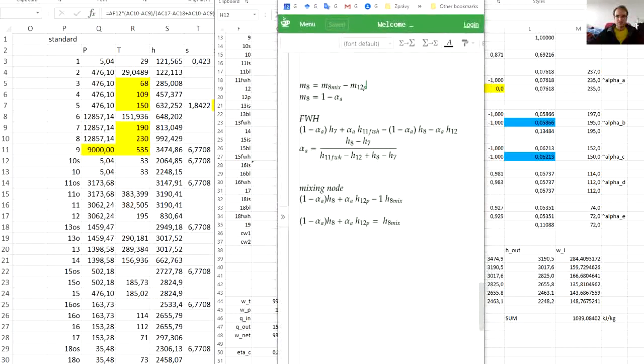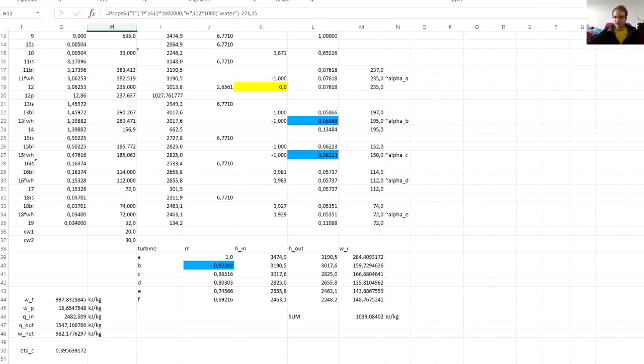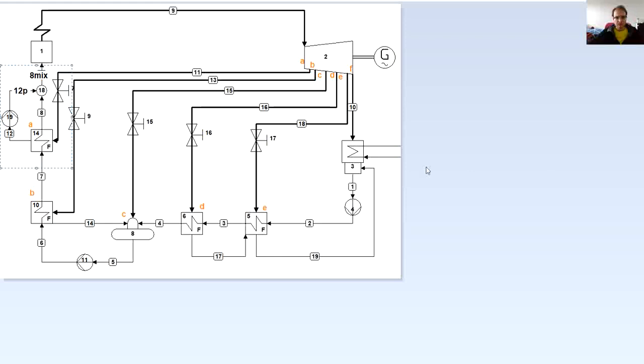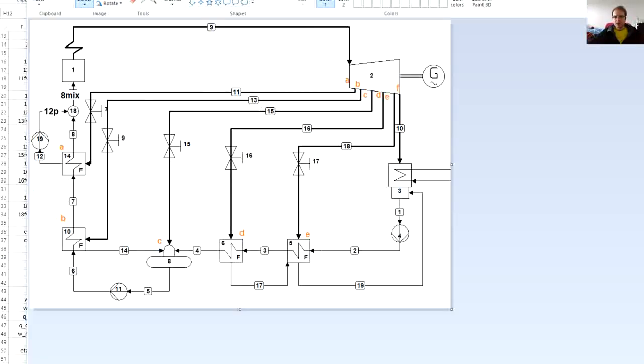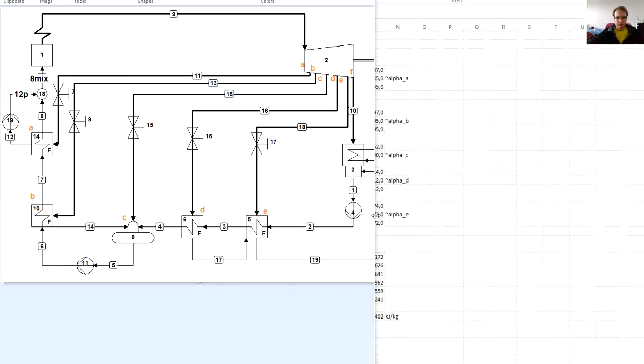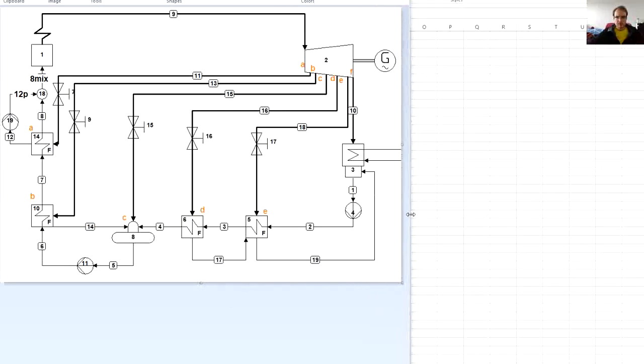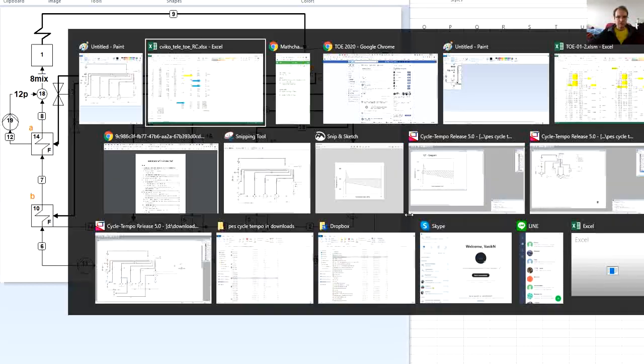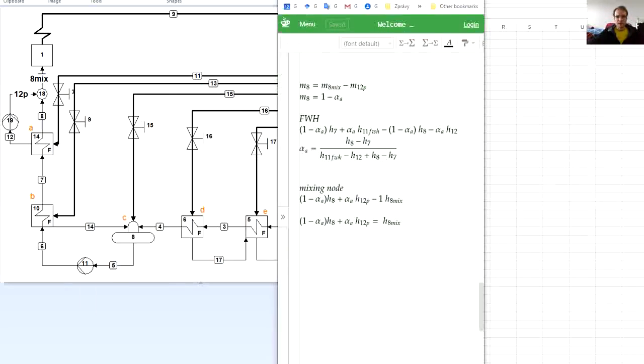So let's put up our scheme. Put up our equation window.